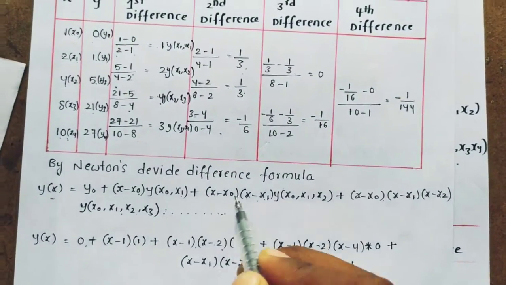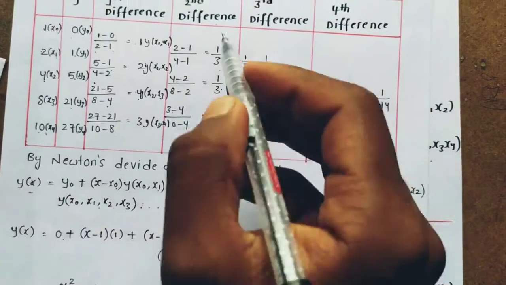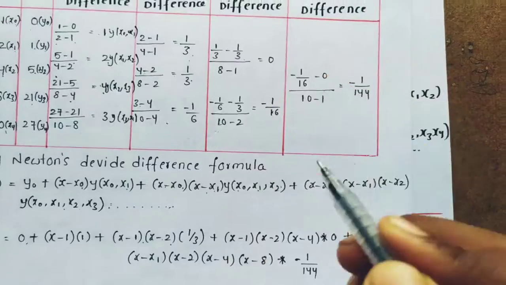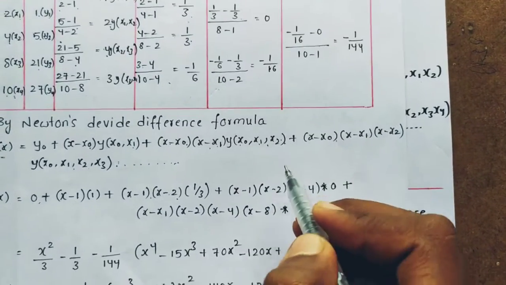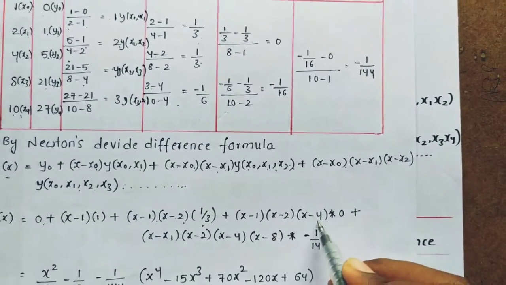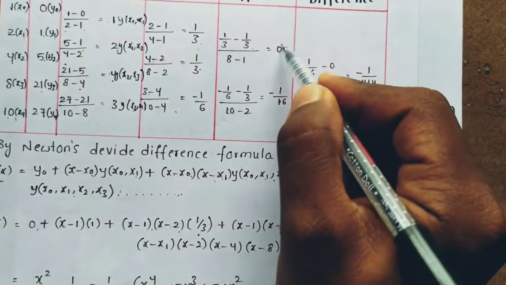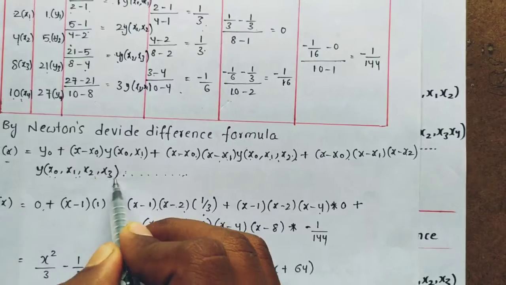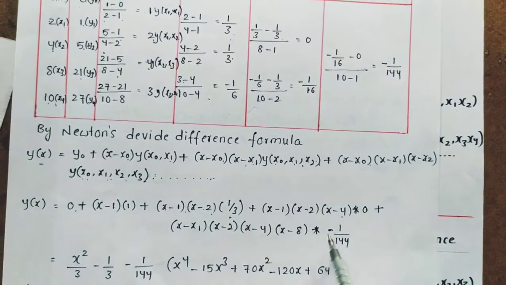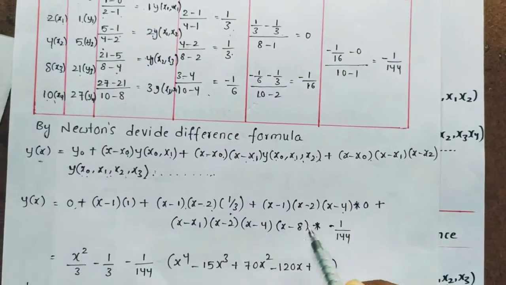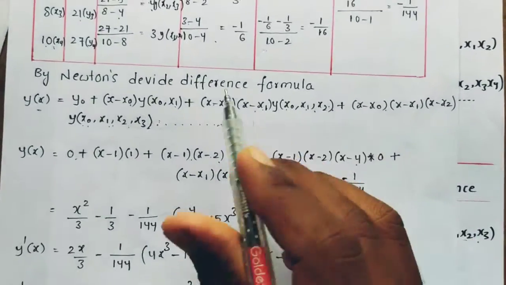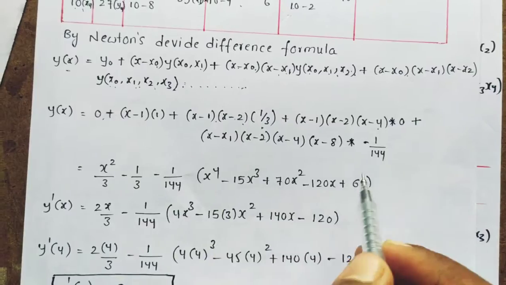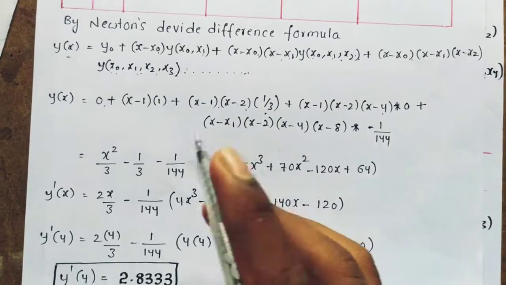For y of x naught x1 x2, the first value of the second difference is 1 by 3, and the third difference value is 0, which gives y of x naught x1 x2 x3. Similarly we find the fourth difference, substitute all values in the given formula, and finally we get the polynomial like this.